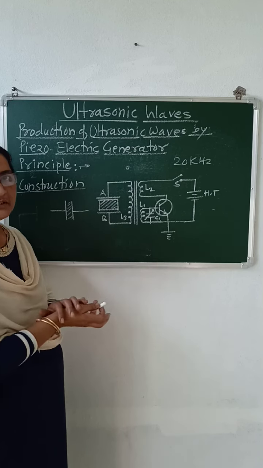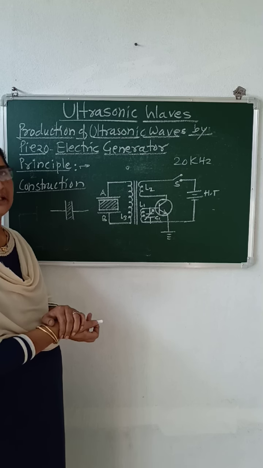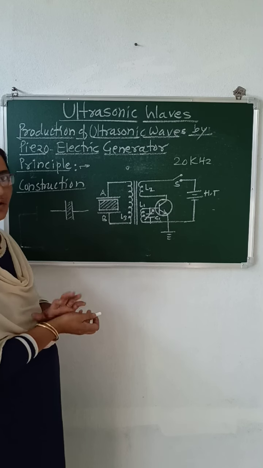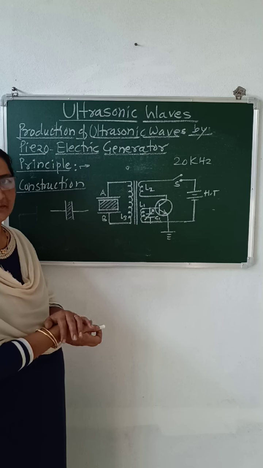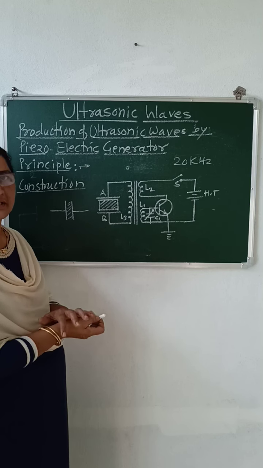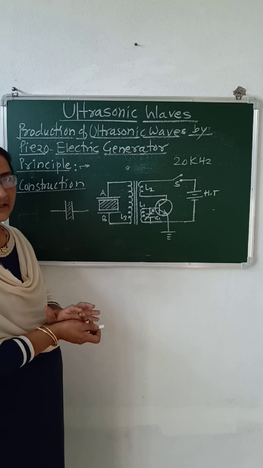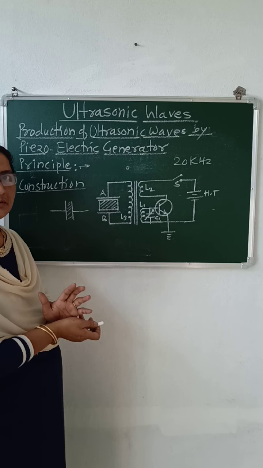An oscillator means a device which generates AC by means of DC. The functioning of an oscillator is exactly opposite to that of a rectifier. We know that a rectifier is a device which converts AC into DC, and exactly opposite, an oscillator converts DC into AC.